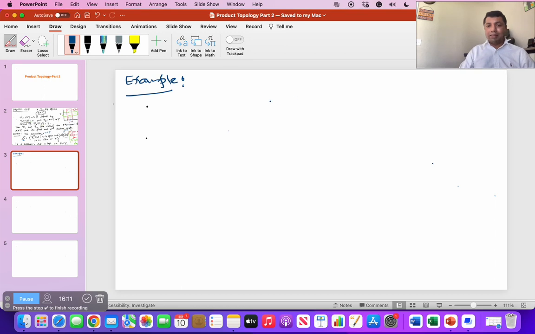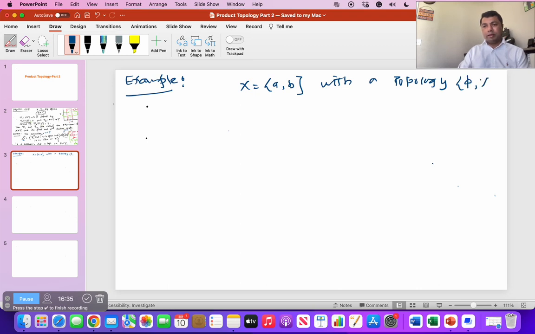Let's say X is a topological space {A, B} with a topology: the empty set, the whole set X, and this one point set {A}. So we have taken this set X with this topology.